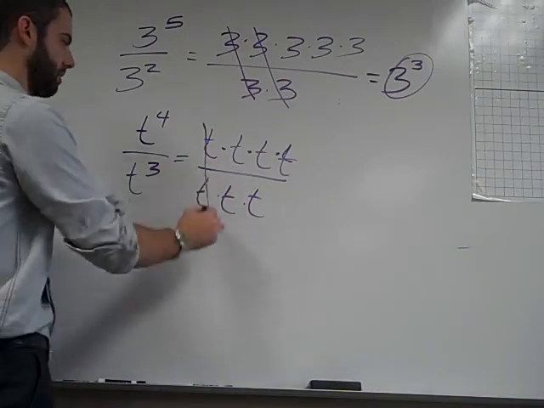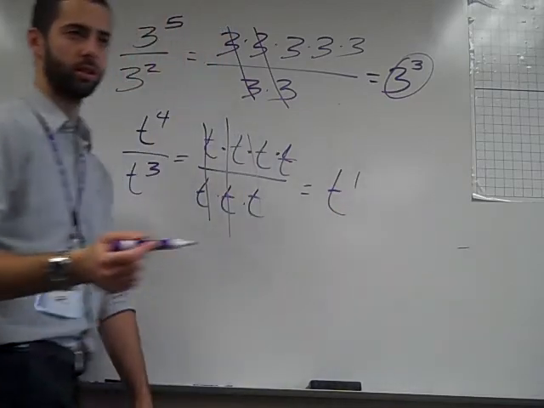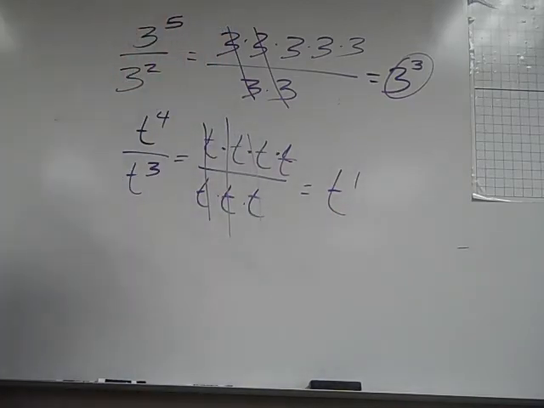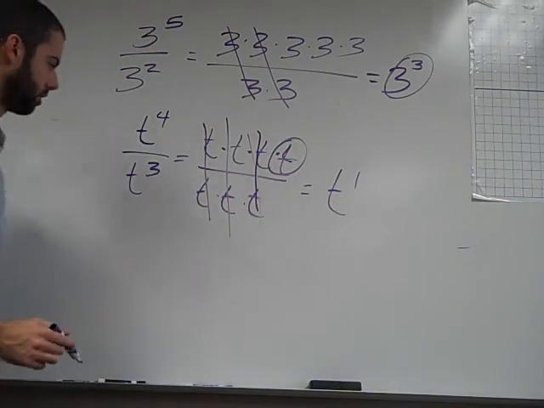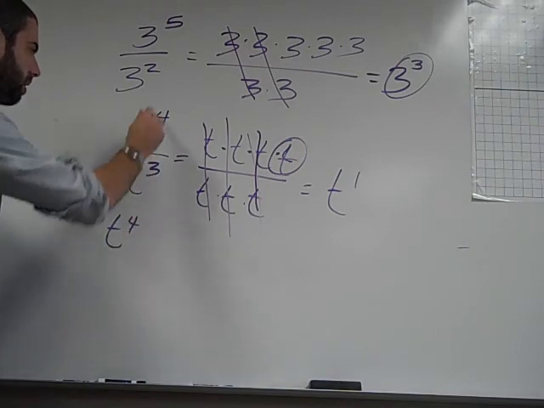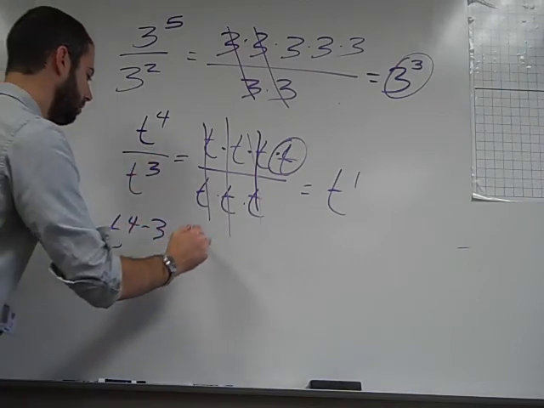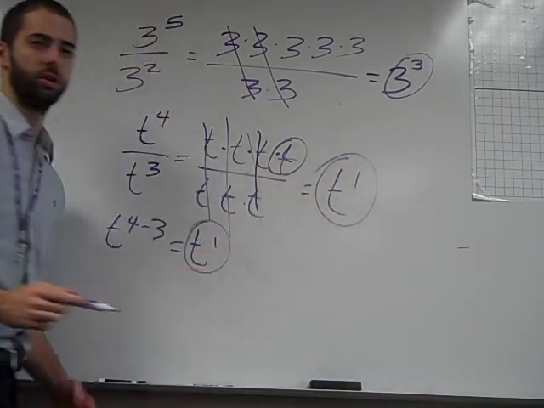What happens here? They cancel out. T to the first power. So that's just t to the first power. There's just one left over right here. But I could also do it the other way. I could just say that's t to the 4 minus 3. Well, that's t to the first. So both ways, you get the same answer.